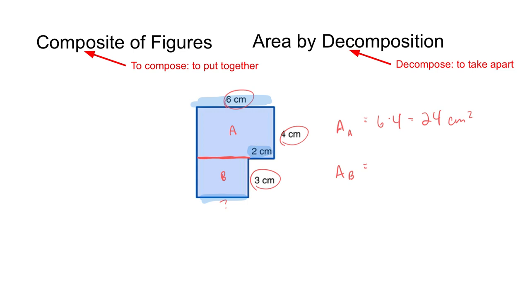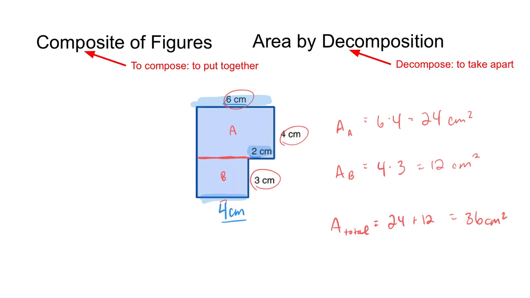If we think about everything being right angles and parallel and equal, we can determine that this is therefore 4 centimeters, because 4 plus 2 gives me the 6 of the full length. So to find area B, we're going to take 4 times 3. We get 12 centimeters squared, and my area total is 24 plus 12, or 36 centimeters squared.